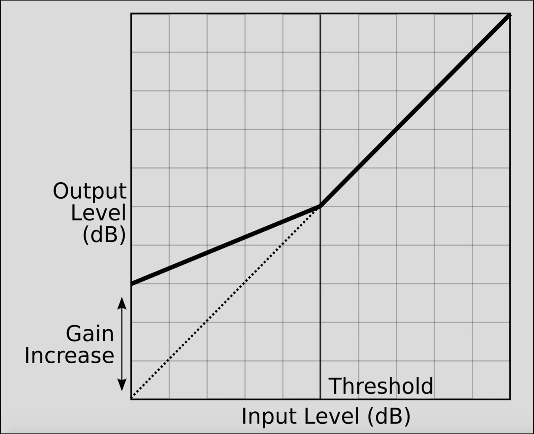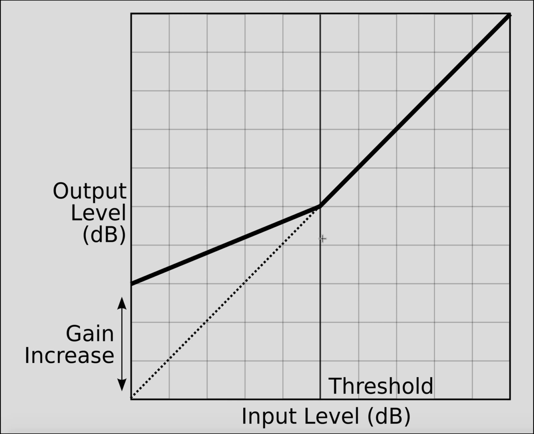Okay, so we're looking at a graph that is similar to what we saw in the compression chapter, if you will. We're looking at quadrant 1 of an XY graph. The y-axis is output level in increasing metric, and the x-axis is the input level in an increasing metric from left to right.